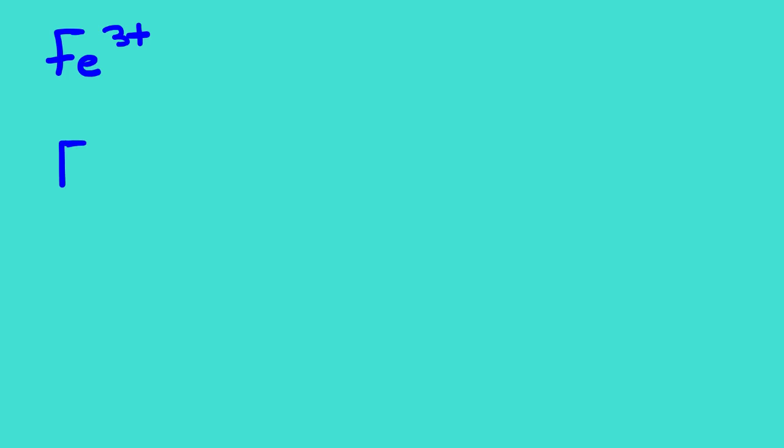Now looking at the electron configuration of iron ion, I hope you've written down that template. We know that iron is element number 26. So we have 1s2, 2s2, 2p6.